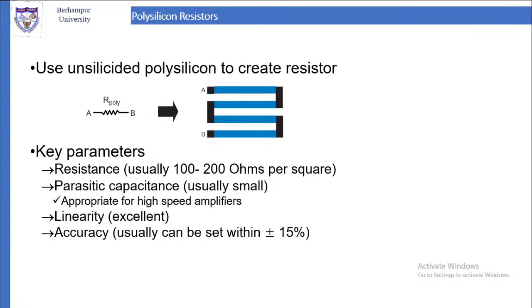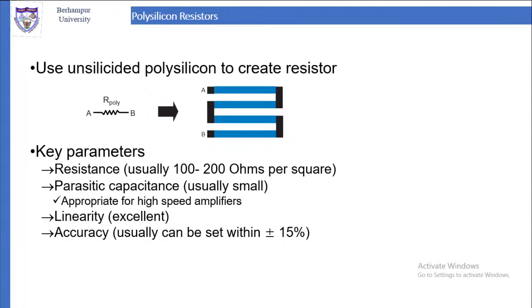Now what are the key parameters in this design? One is resistance, that is the important part because we are considering a resistor. It is about 100 to 200 ohms per square. Then parasitic capacitances, because we have two lines, so between them there will be parasitic capacitances.